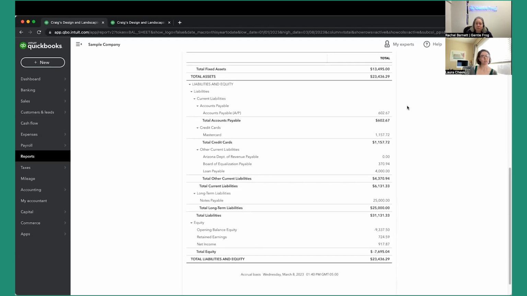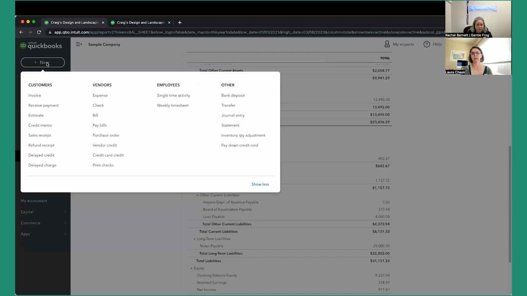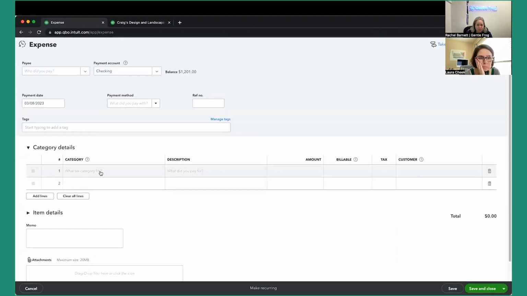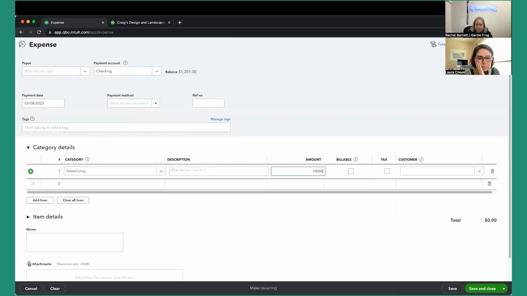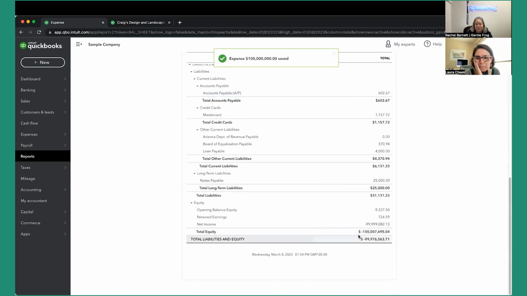I can't think of a situation why those totals would be negative numbers. I guess if everything was negative, I'll show you. If you had written a check out of the checking account for advertising, and we'll make it about $1 bajillion, we'll save and close. So now everything is negative, right?